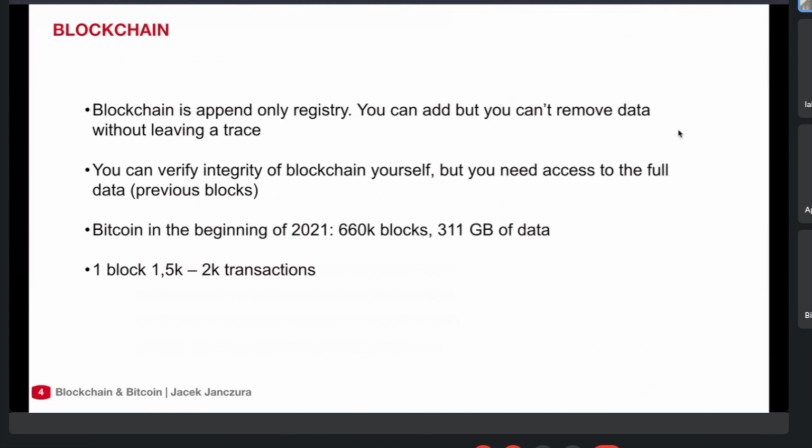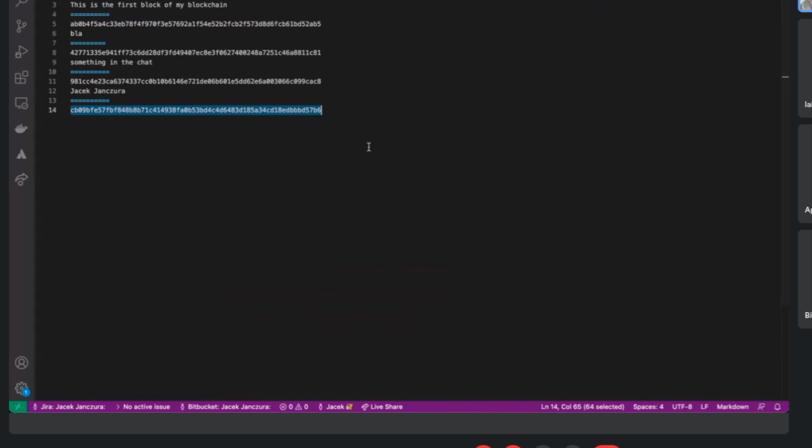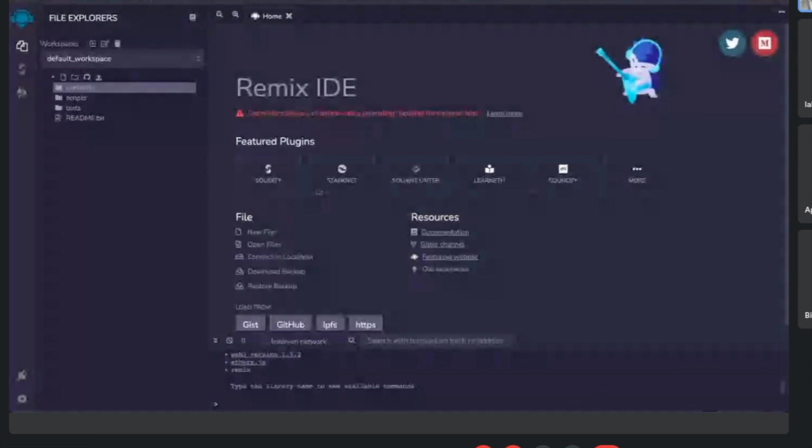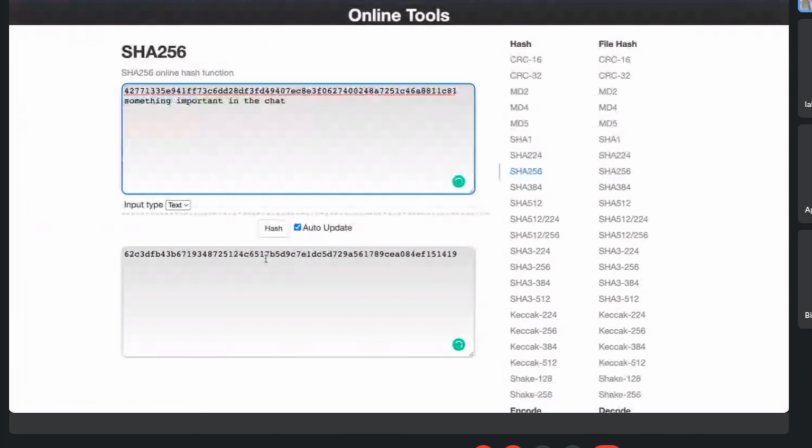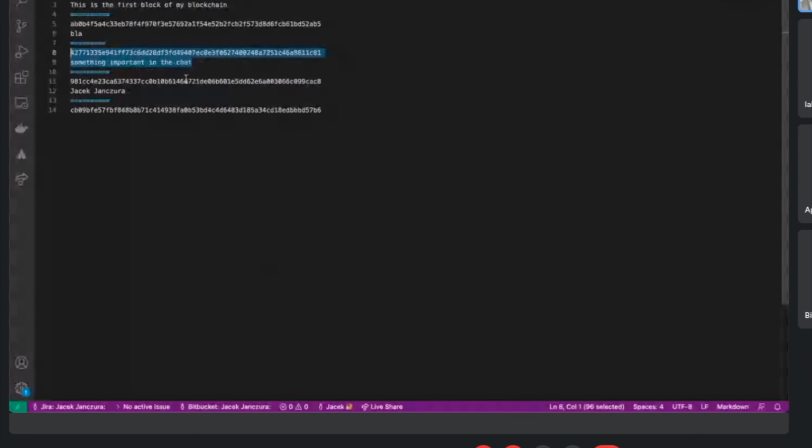So let's sum up. What is blockchain? Blockchain is an append-only registry. You can add data, but you cannot remove the data without leaving a trace, which means if I add here something important in the chat and I try to hash it, you can see that the hash of this string is not equal to this hash.